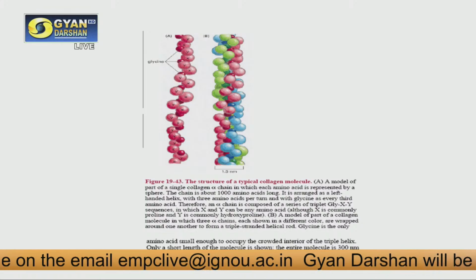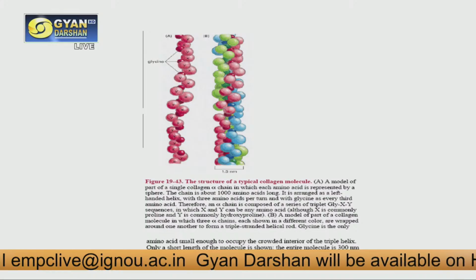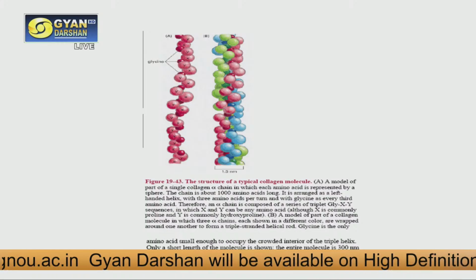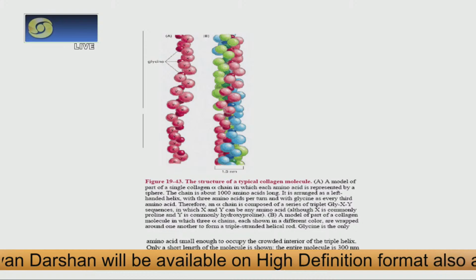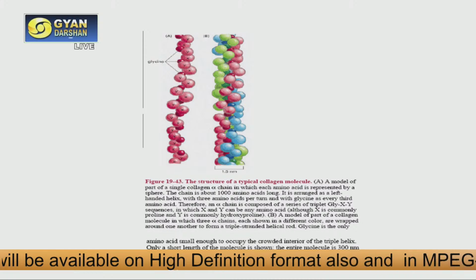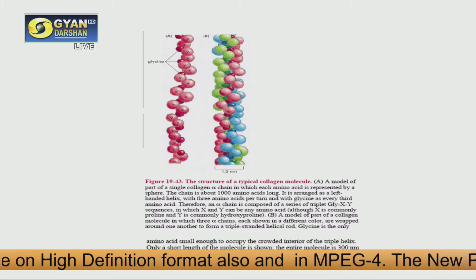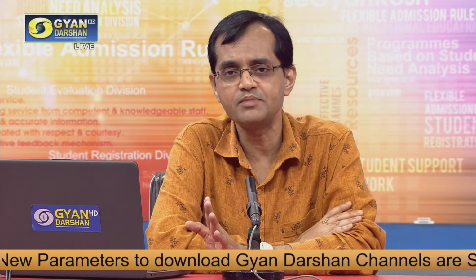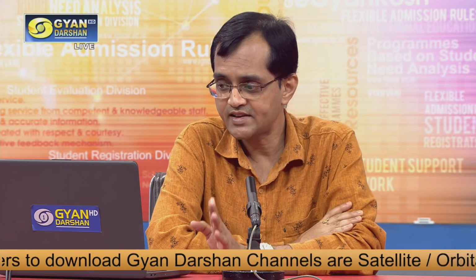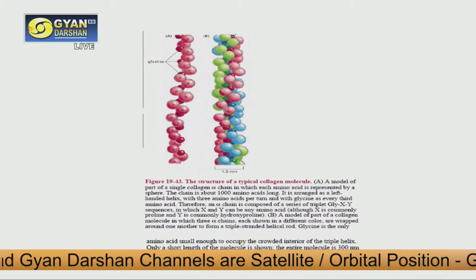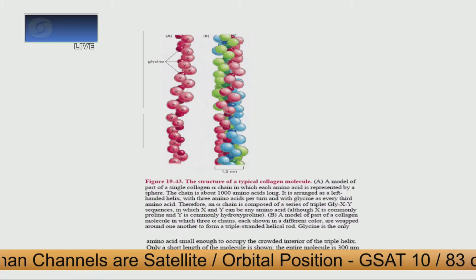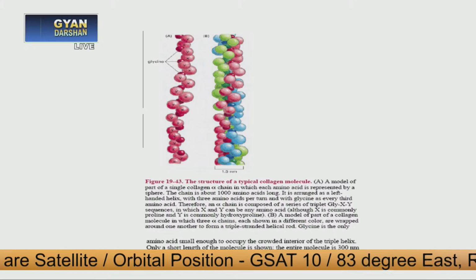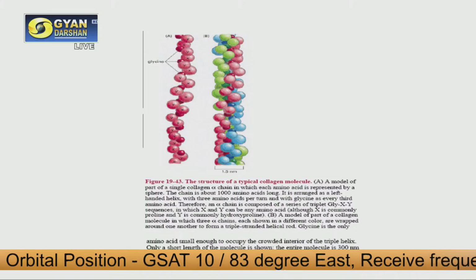Now, an alpha chain is composed of a series of triplets, that is Gly-X-Y. X and Y can be any amino acid, but Gly is always fixed, as I said, because the third amino acid is glycine. The other 2 can be any amino acid, although X is commonly proline and Y is commonly hydroxyproline.